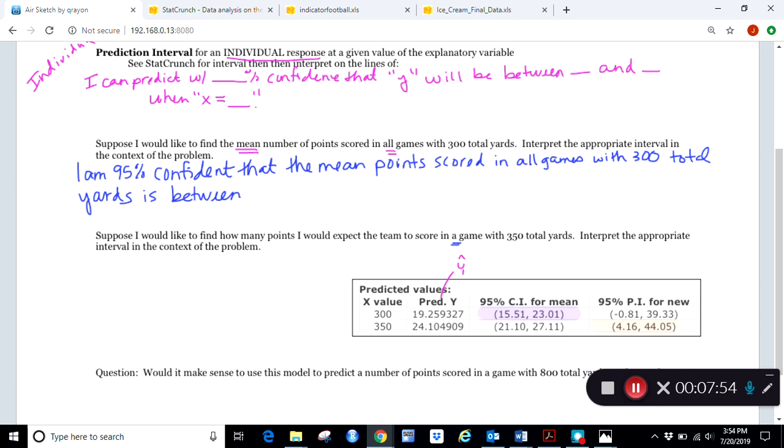Now we are talking about the mean of all games. So the mean can be a decimal. So I do not need to worry about these numbers having decimals. That's perfectly okay. So the mean number of points will be between 15.51 and 23.01.